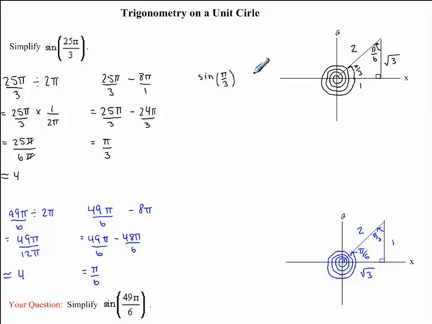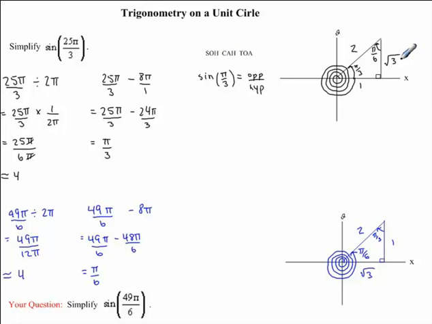In our case, sine pi over 3 is going to be equal to opposite all over hypotenuse. In case you forgot the SOHCAHTOA rule, I'm going to write it up here just to refresh your memory. The S stands for sine, and when we have sine, we have the opposite, O, over hypotenuse, the H.